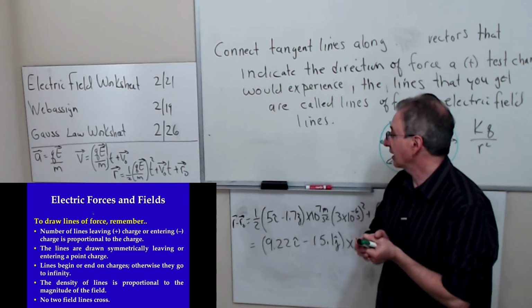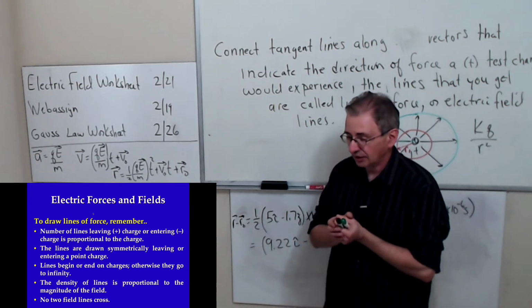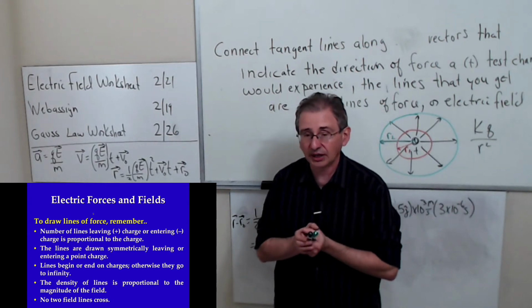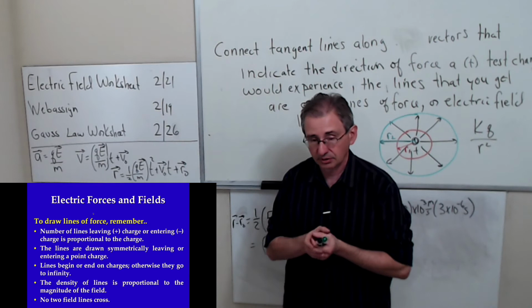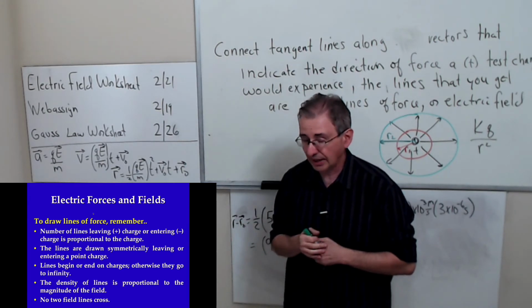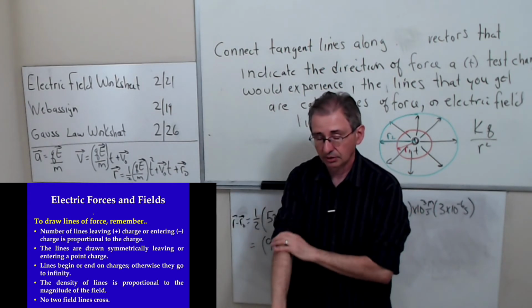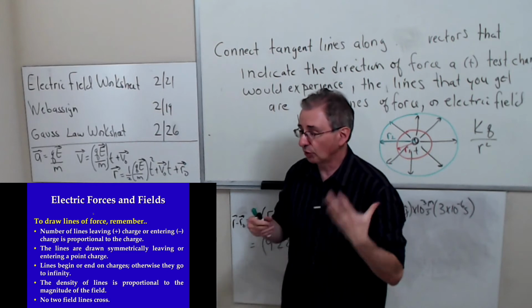And the last thing is the one that students have a hard time with: you cannot have two field lines cross. You cannot have two field lines going in two different directions, because otherwise you don't have a field.